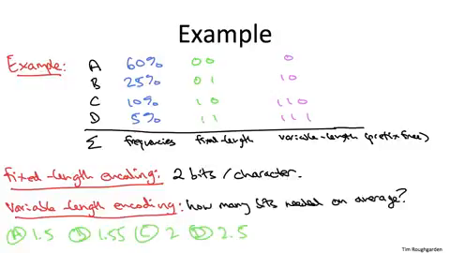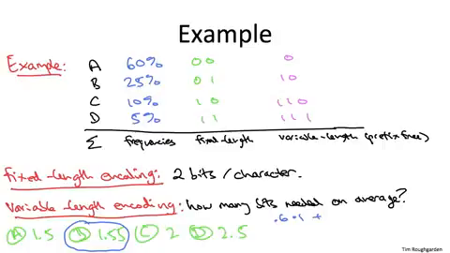Okay, so the correct answer is the second one. It's on average 1.55 bits per character. So what's the computation? Well, 60% of the time it's going to use only 1 bit, and that's where the big savings comes from. 1 bit is all that's needed whenever we see an A, and most of the characters are A's. We don't do too bad when we see a B either, which is 25% of the time.